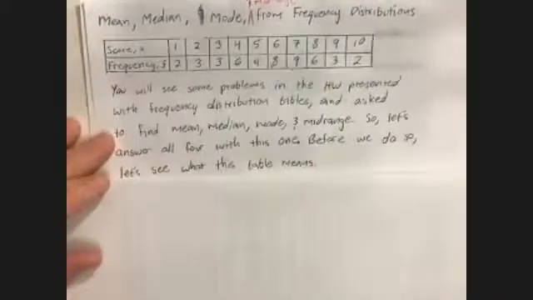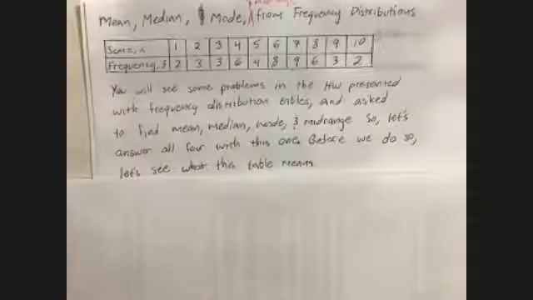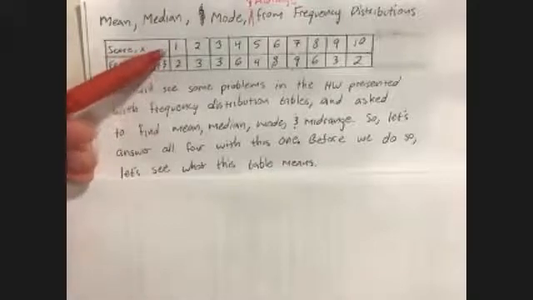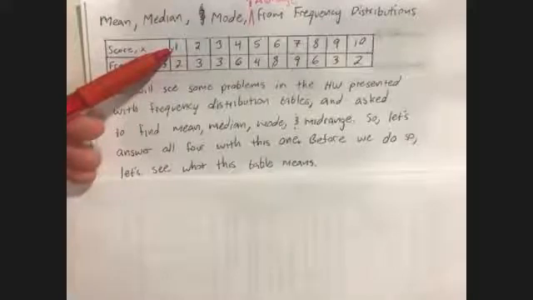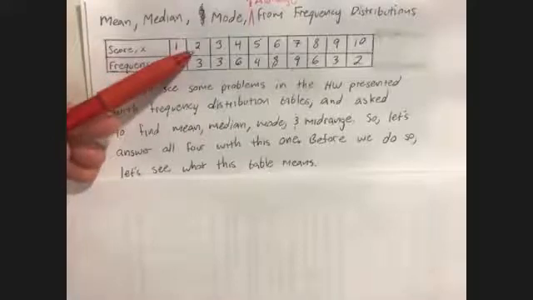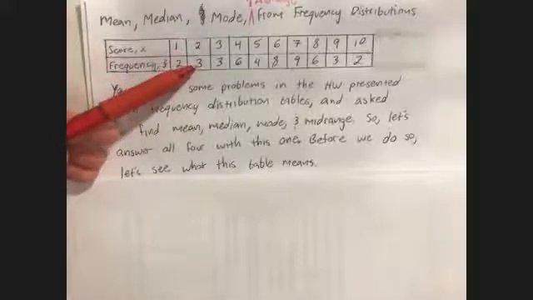The first thing I want to show you is what this table actually means. So we could take the information from the table and write it as a data set. This means that the score of 1 shows up twice. The score of 2 shows up 3 times.